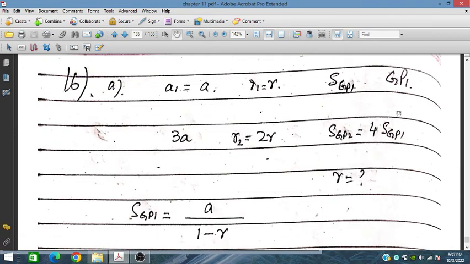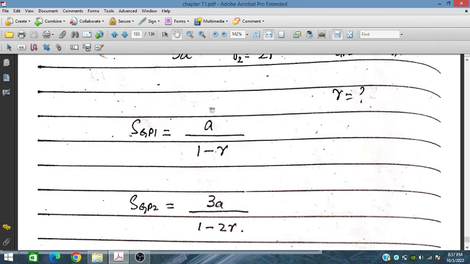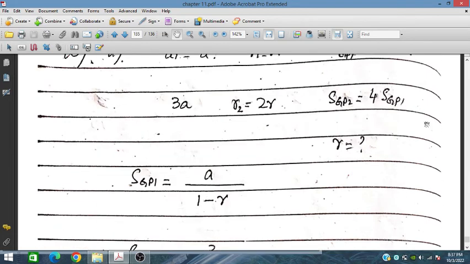The sum of the first geometric progression is a upon 1 minus r, and for the second we have this information. So this is the first term, so we write down this instead of this, and the ratio of this is also given as 4.